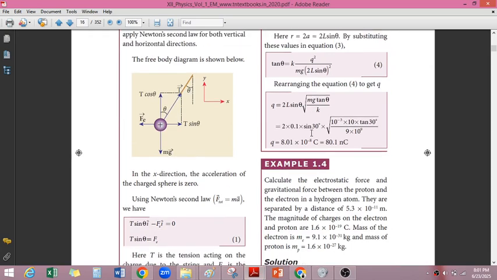So 8 into 10 power minus 8 is there. How was it 8 into 10 power minus 8? 10 power root 30 into 12 sin theta.